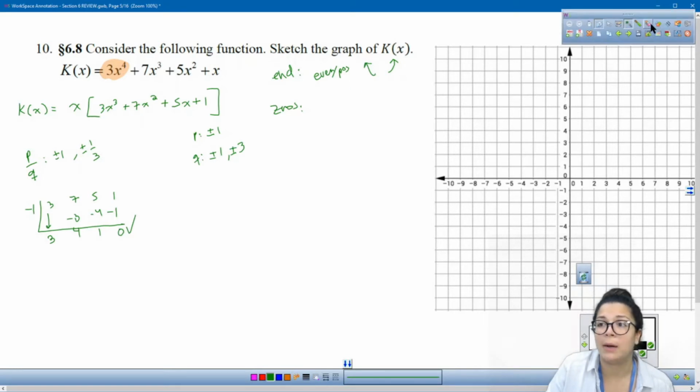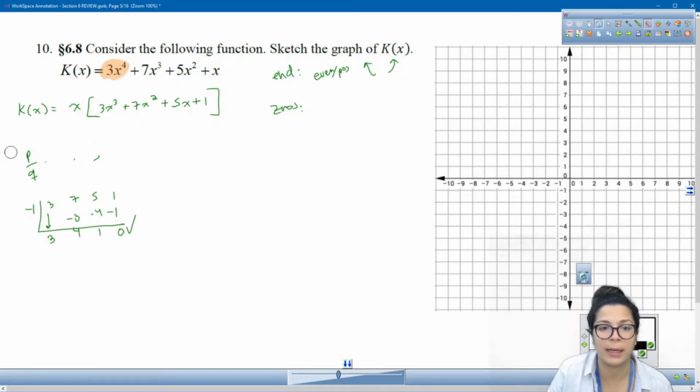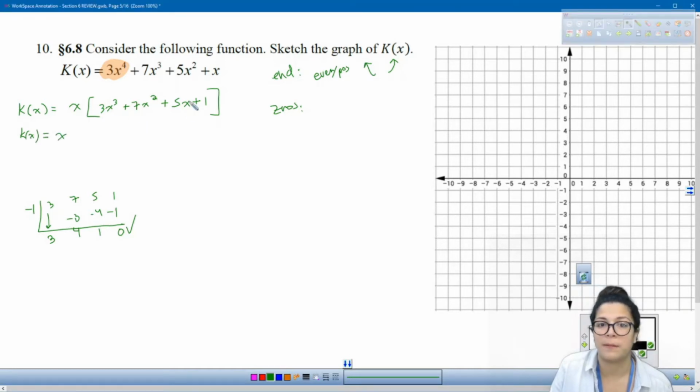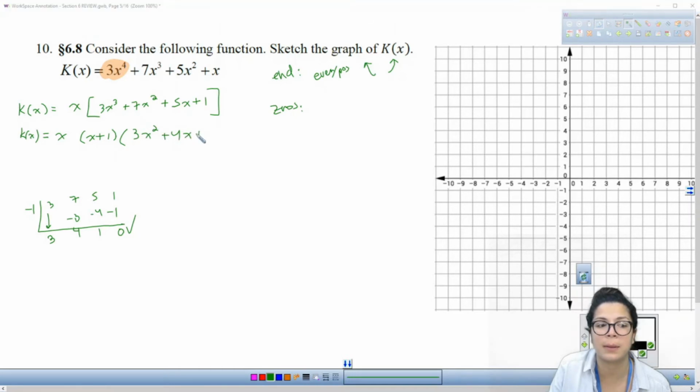So now that we found one, let's go ahead and factor it out. If negative 1 is a 0, that means that x plus 1 is a factor. So if I take this polynomial right here and I divide it by x plus 1, I'm going to get the result of 3x squared plus 4x plus 1.